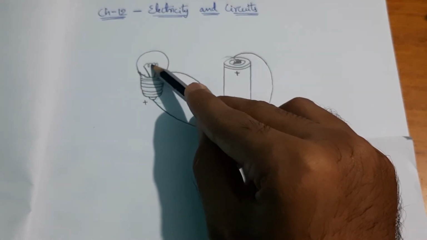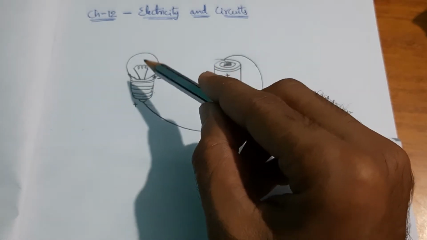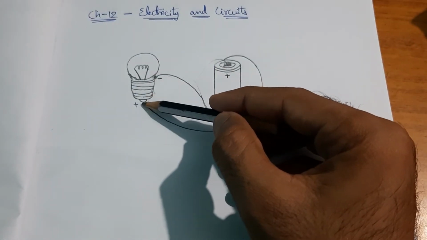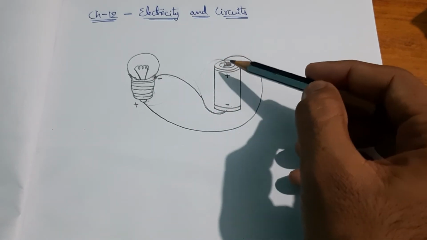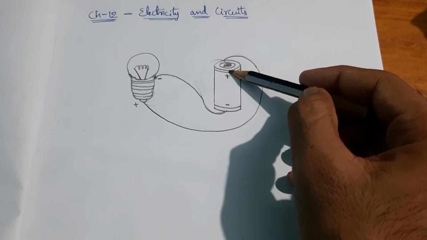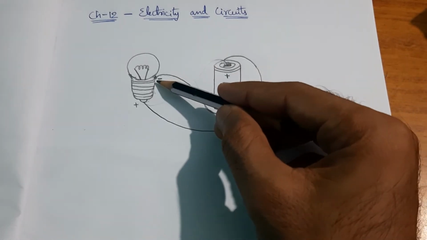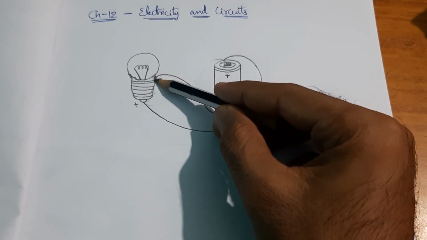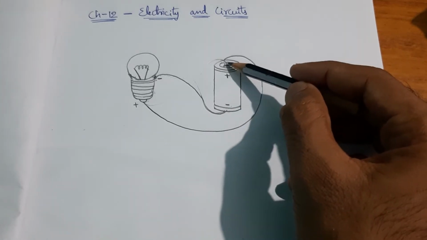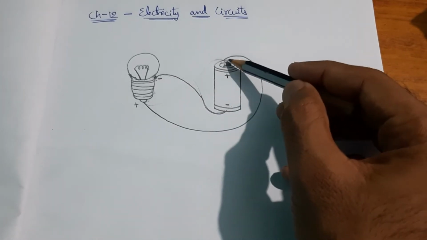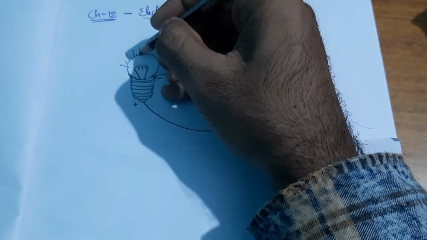As you can see, this wound or rounded wire is called the filament, and this bulb has a positive terminal and a negative terminal, and similarly the battery has a positive terminal and a negative terminal which we have just seen. And now what we have done is we have connected the negative part of the bulb to the negative end of the battery and the positive part of the bulb to the positive end of the battery. So in this way the bulb glows.